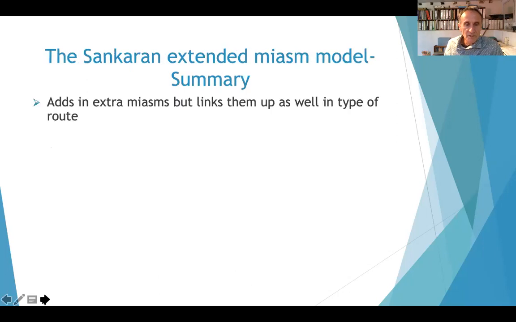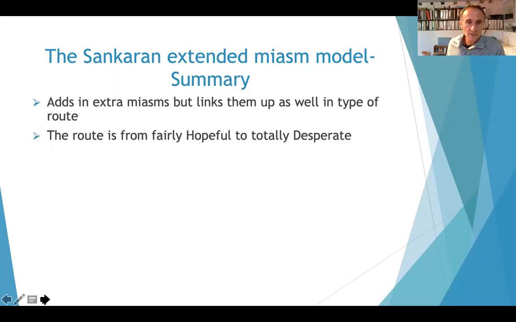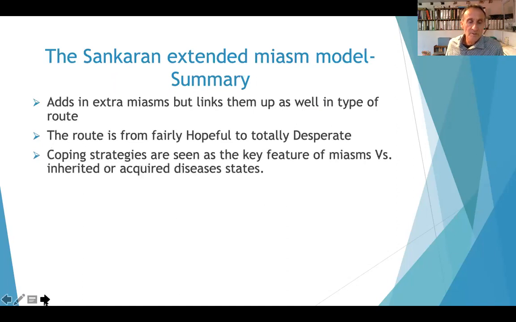Let's look at it in summary. Extra miasms have been added in, but they've also been linked up en route. They've been joined up, connected to each other. The route is from fairly hopeful, the acute and psoric miasms, to the totally desperate syphilitic and leprous miasms.